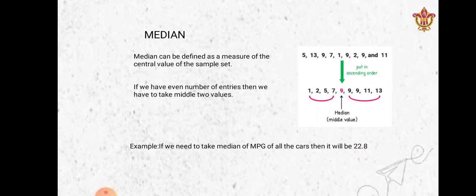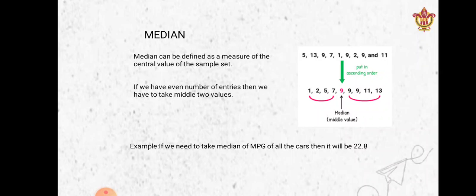So the total number of elements is 9, which is an odd number. If I have been given a list of an even number of elements, then it would be difficult for me to calculate the median.